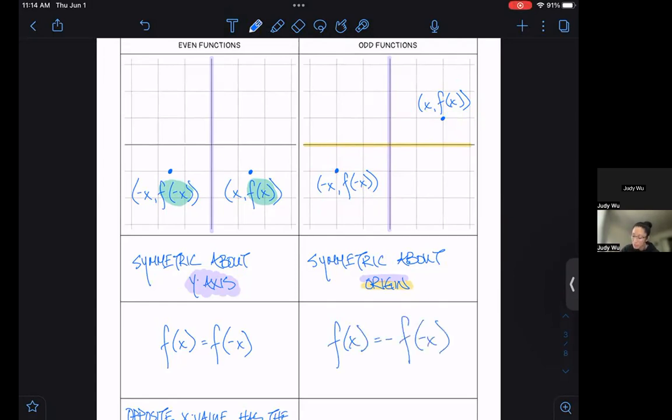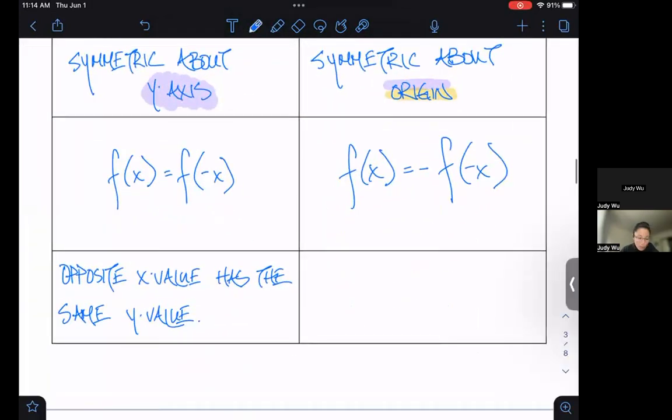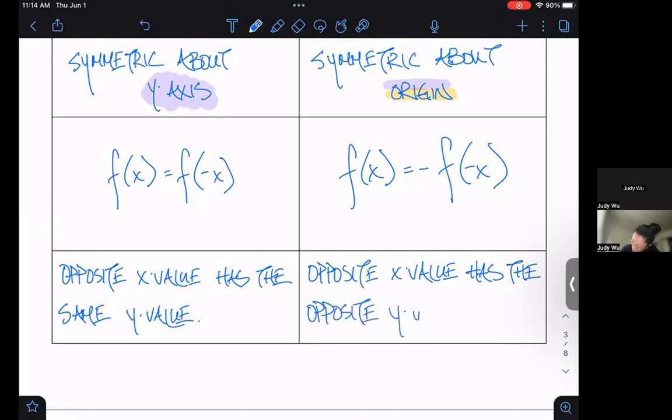So it's like the same thing, but negative. Same value, but one is positive, one is negative, okay? And the way we might write that in words, we say that the opposite x value has the opposite y value. So this time they're not the same, but they're the opposite.